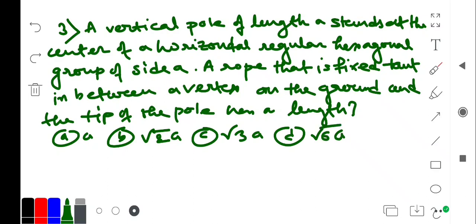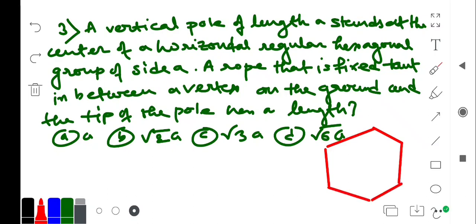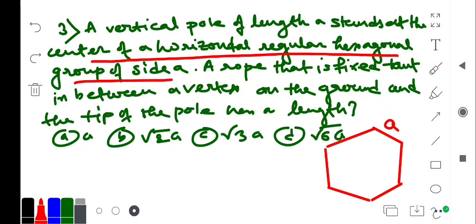A vertical pole of length A stands at the center of a horizontal regular hexagonal ground of side A. Okay, suppose this is hexagon, this is side A. Stand in the center of a horizontal regular hexagonal ground of side A, that is fixed taut in between a vertex on the ground and the tip of the pole has a length.